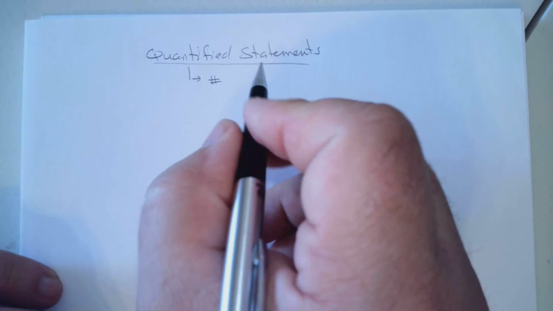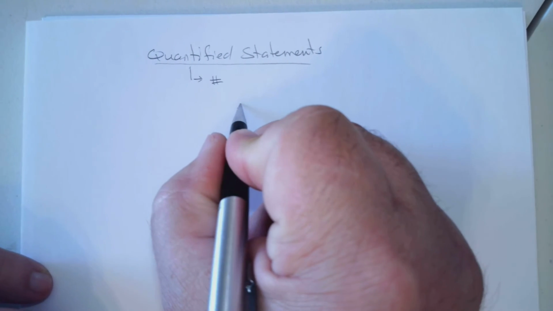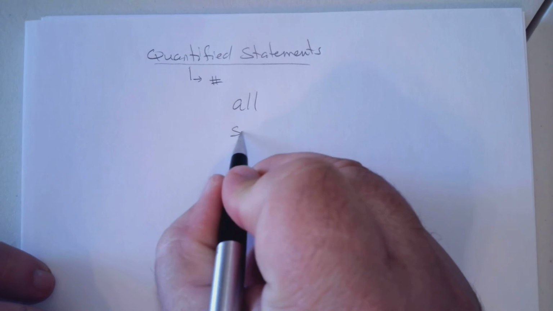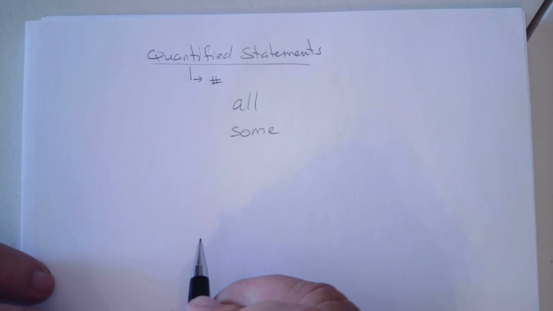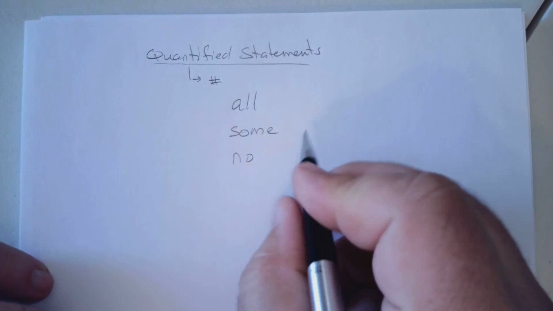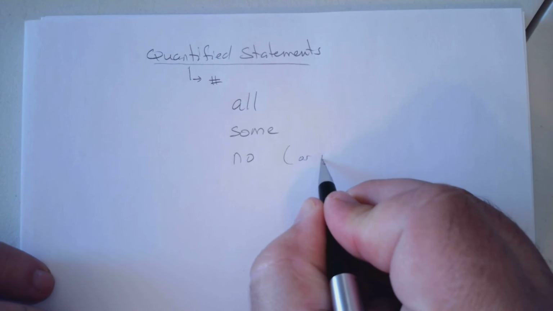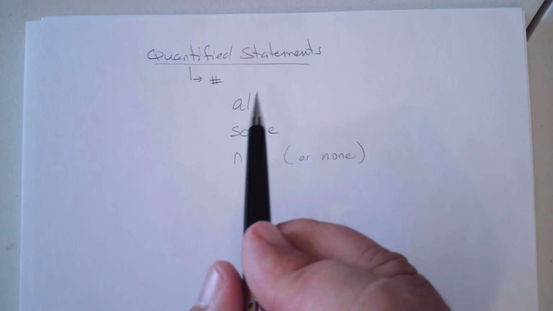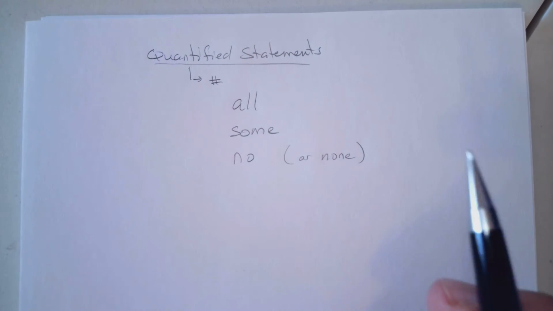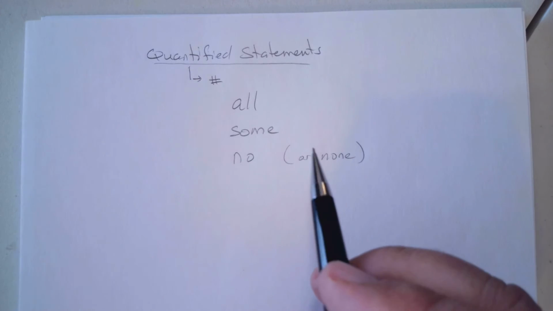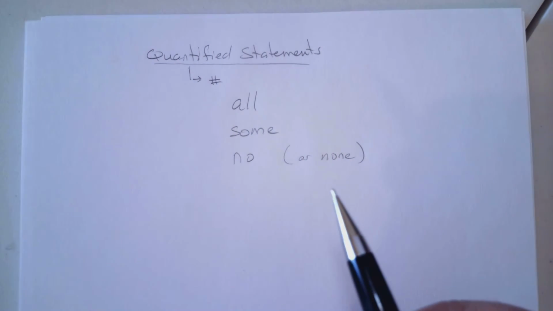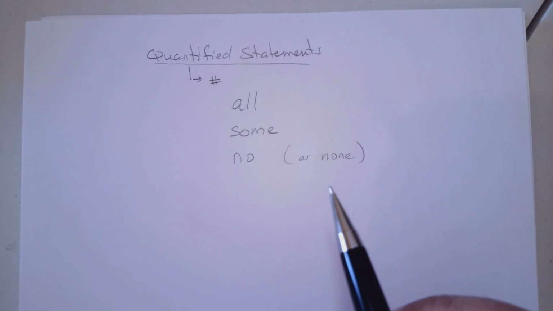When we talk about quantified, we talk about all, some, or no, or none. It's a general quantification. Do we talk about all, none, or some? Whenever a sentence has one of those words, it is now a quantified statement.